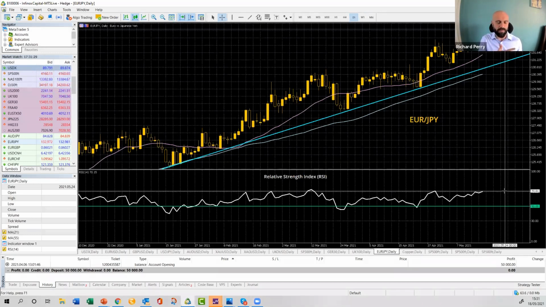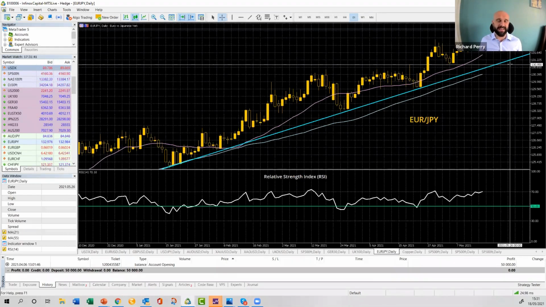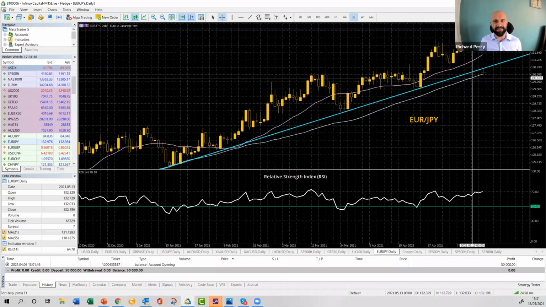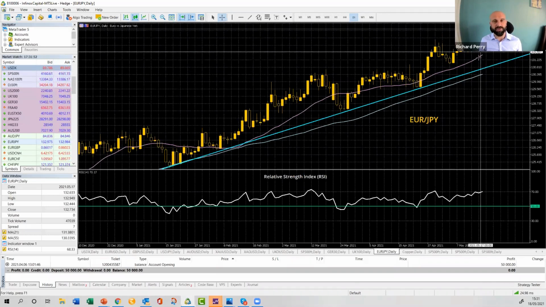With my very risk averse hat on, I would say that is a pretty risky play, because you're trading against the trend. You're trying to sell in an uptrend, and I think selling in an uptrend is a really, really high risk strategy. So you want to be buying into uptrends.